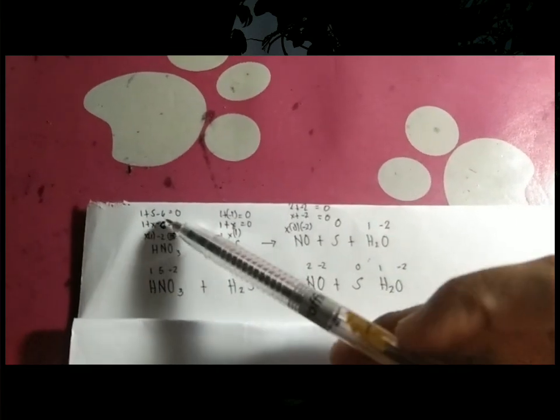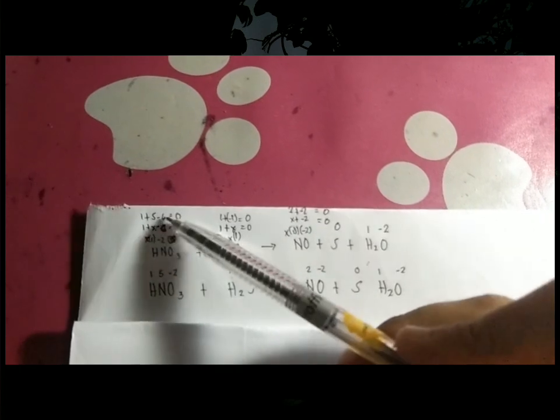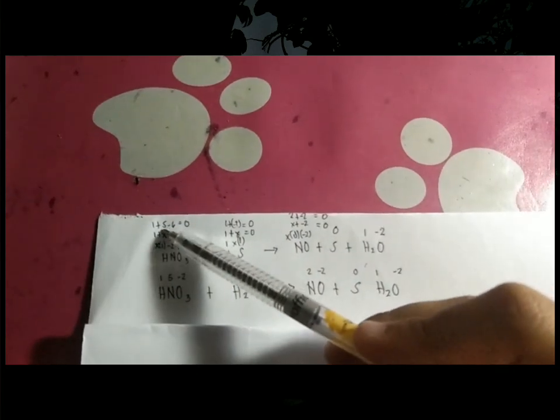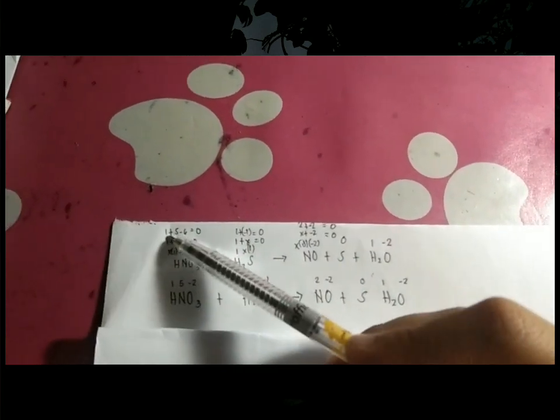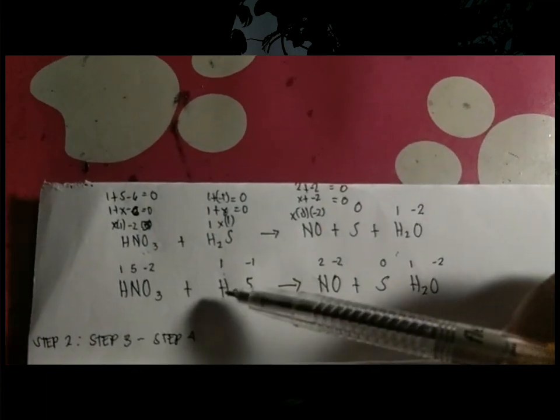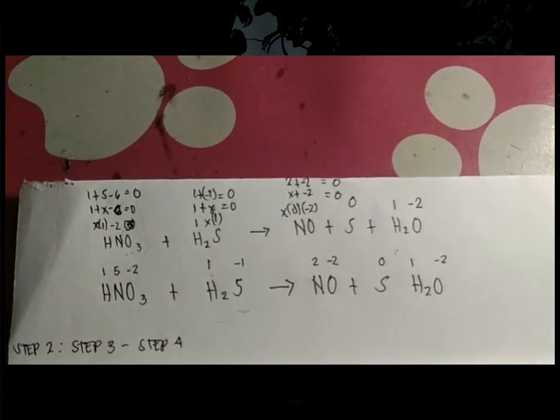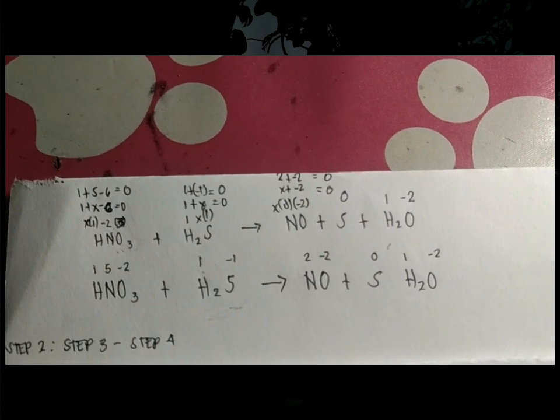So we're going to find a number that, if it is subtracted, it will become 0. So now we have 5 here. So 1 plus 5 minus 6 is equal to 0. So here in the second, we are now having 1 here because there is no coefficient in the element, so they were both 1.